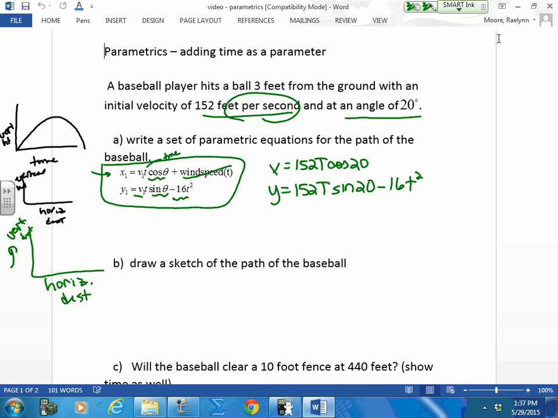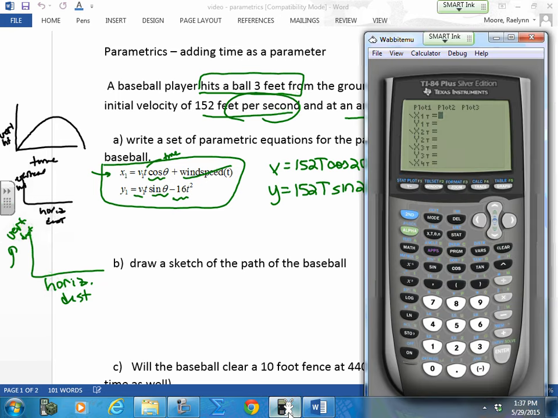And we also have one more vertical change. He hits the ball not on the ground, but 3 feet above the ground. That's where his bat makes contact with the ball. So we give it a +3. So when we graph this time, we'll start here at the +3, and we'll watch his ball follow a parabolic path.